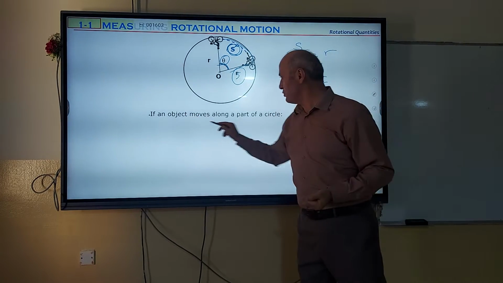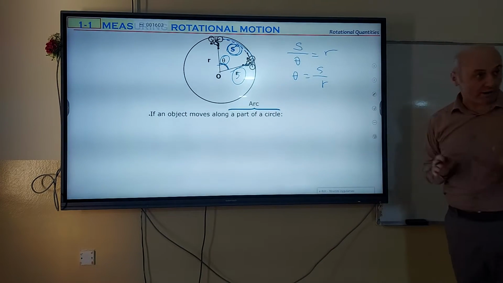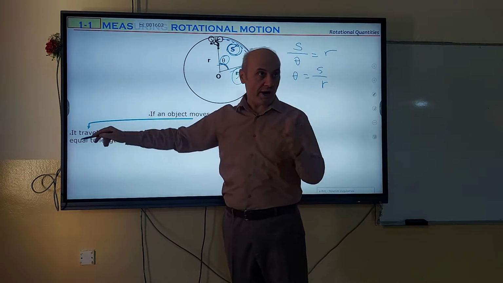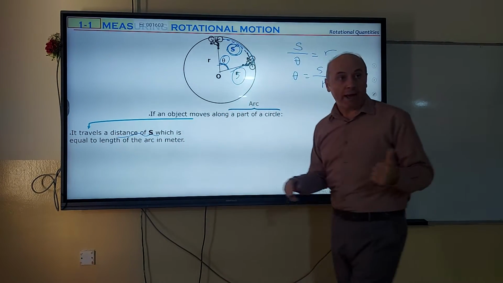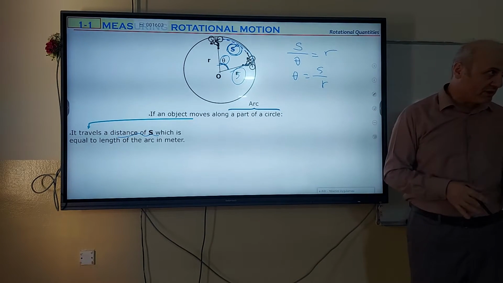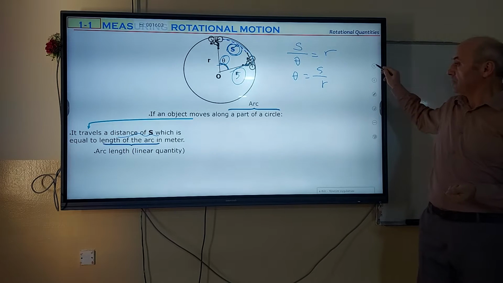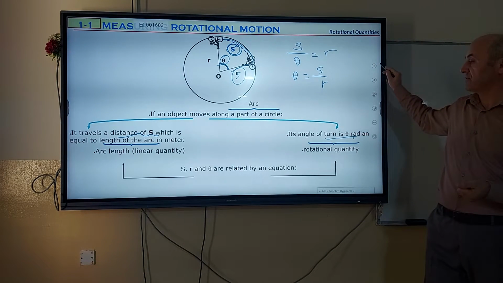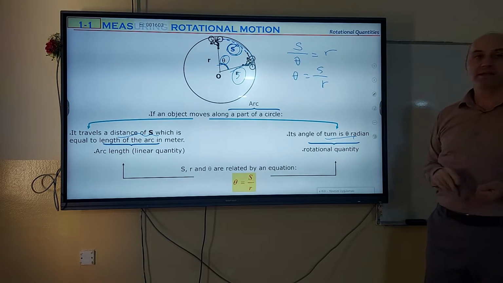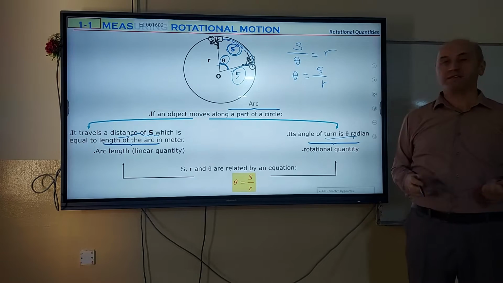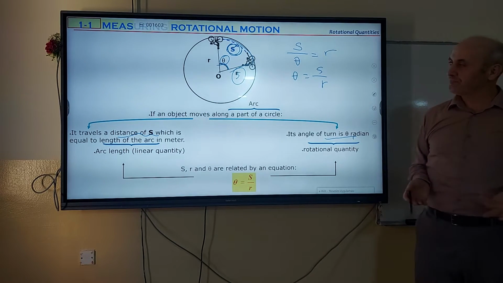So, if an object moves along a part of the circle which is called an arc, it travels a distance equal to s, and it is a linear quantity because it is measured in meters, centimeters, or kilometers. It also turns an angle theta, and these three quantities are related by the equation theta is equal to s divided by r, or r is equal to s divided by theta.